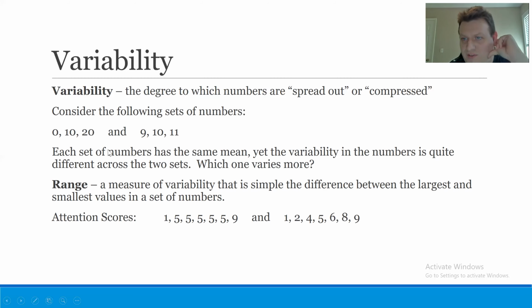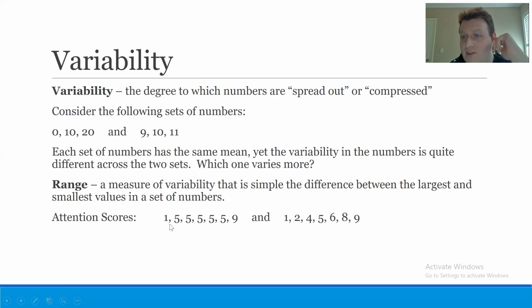So the range is fine and good, but let's consider the following 2 data sets. First data set, a bunch of 5s and a 9, and here we have 1, 2, 4, 5, 6, 8, 9. Now the range in both of these situations is 9 minus 1, which would be 8, but the variability is different. There's much more variability in the second data set than in the first data set.